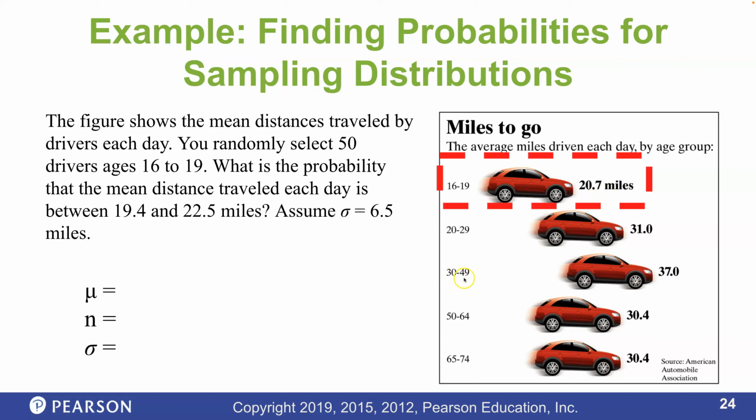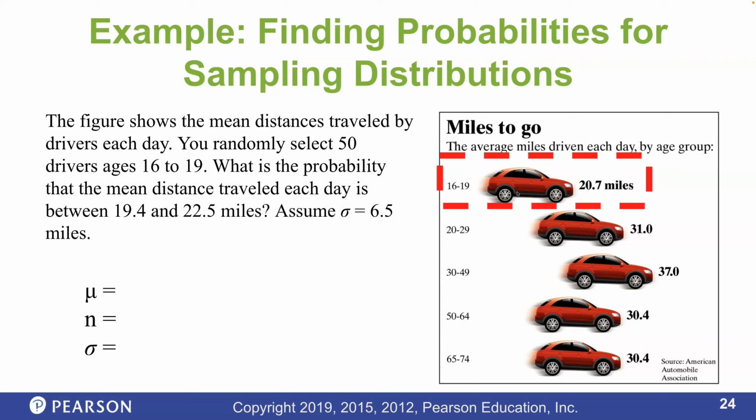Like myself, I'd be in this third category, 30 to 49. They drive a little more, I see, 37 miles per day. But we need to ignore the second, third, fourth, and fifth groups because we're only looking at a random sample of 50 drivers in this first category, the teen drivers.